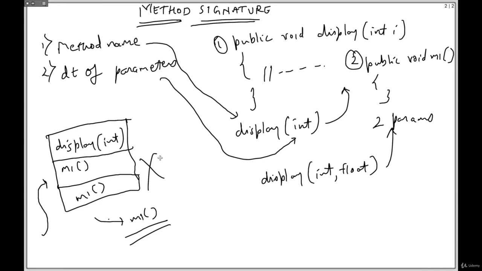Now one point to be noted is that the method signature doesn't have the return type of the method. So return type is not a part of the method signature. If you have two methods with different return types, the signature for both will be the same, and hence they both can't be in the same class.